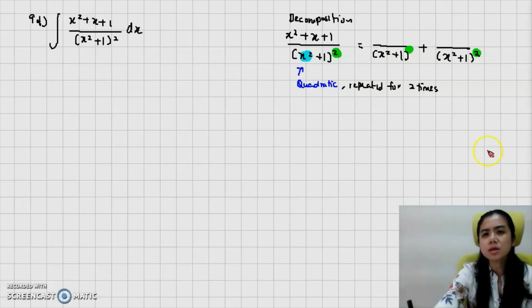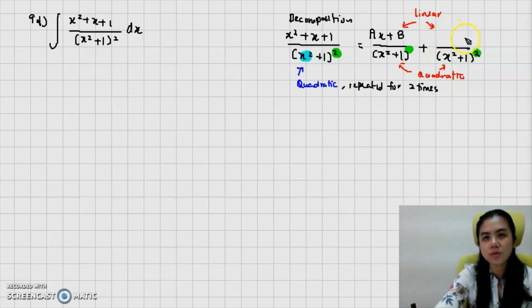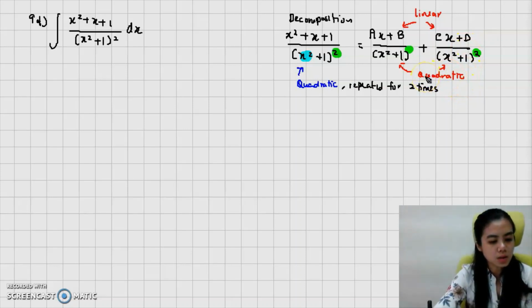Since we have a quadratic as denominator, you're going to have a linear as numerator. So for the first fraction, we're going to begin with a, so linear will be ax plus b. Same thing, it is linear, so you have to continue with the alphabet. So in here, we have to continue with cx plus d. This is also linear. So that is what we get for the general form.